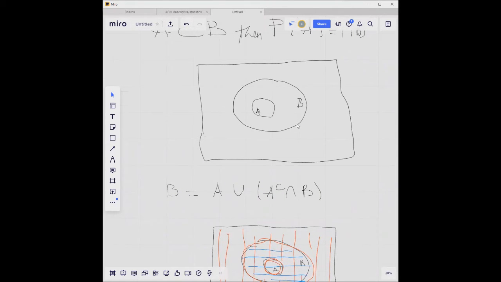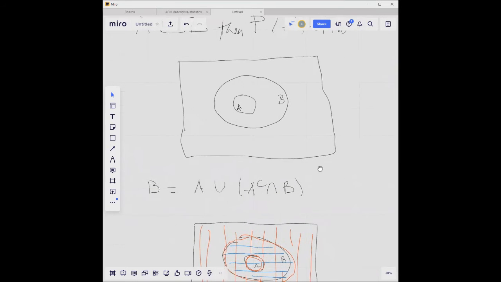And as we can see from our Venn diagram, those two are mutually exclusive events.